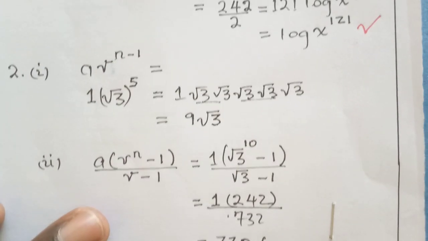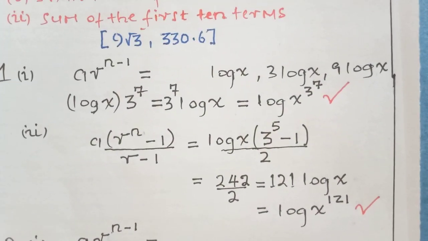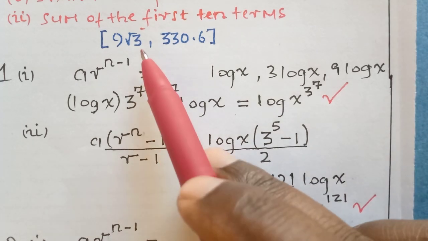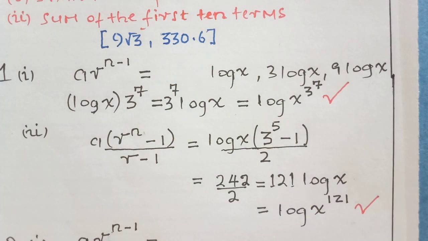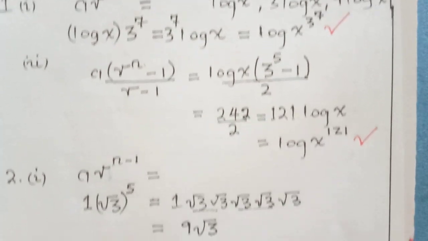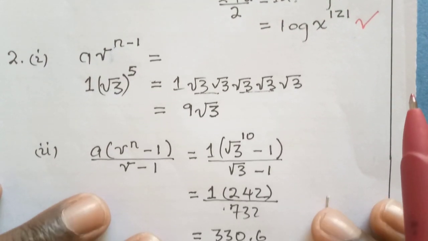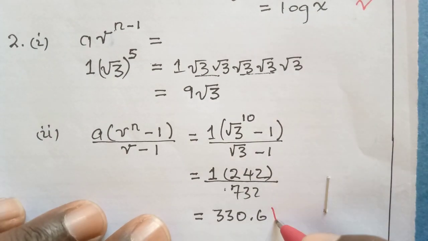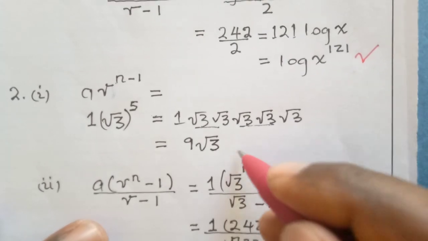So guys, if we check our answers, you can see one of them is this, that is 9 square root of 3, and the other one is 330.6 as we have found out here. So this one is okay, and also this is okay.